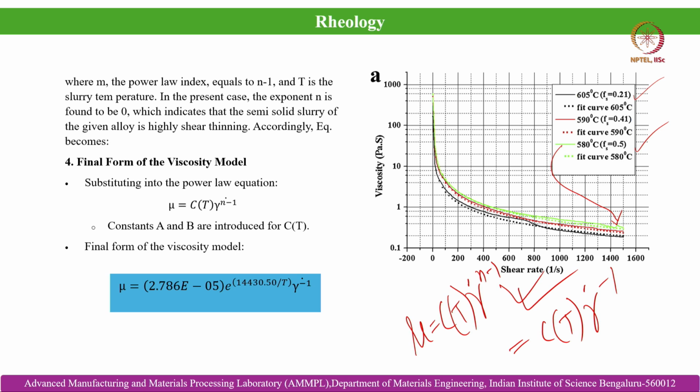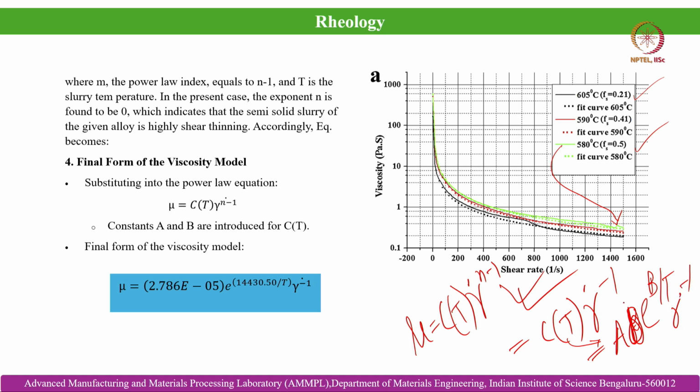But please recall that we have established this by combining both the Arrhenius and power law models. From the Arrhenius model, we are putting that expression over here. So, if we express C as A e to the power b by T, then mu equals A e to the power b by T gamma dot to the power minus 1.